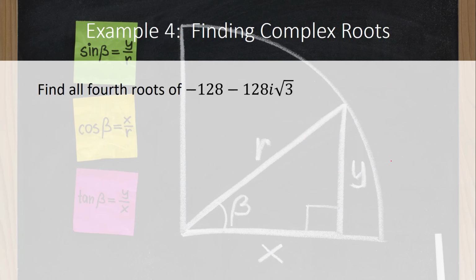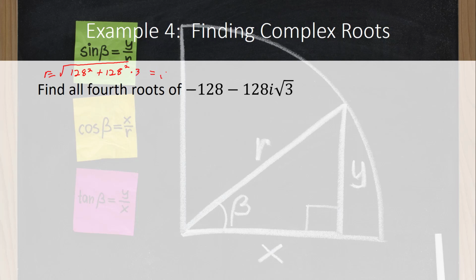Okay, one more example. Let's find all the 4th roots of this sucker. Okay, once again, we need to figure out what r is. r is going to be equal to the square root of 128 squared plus 128 squared times the square root of 3 squared, which is just going to be times 3.